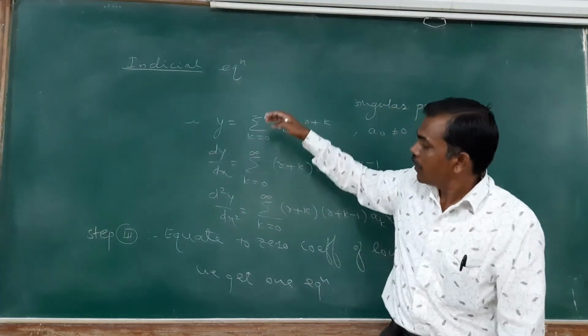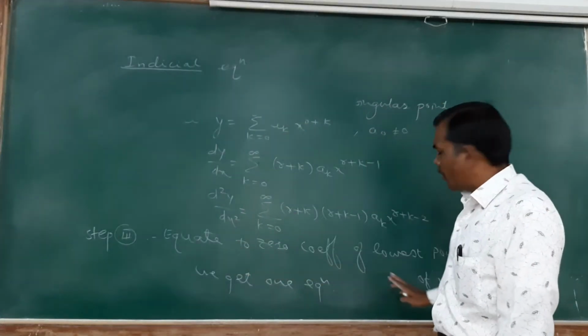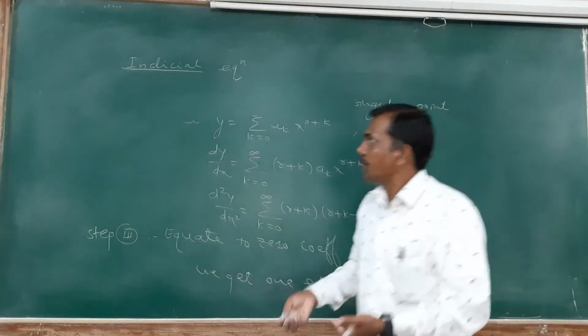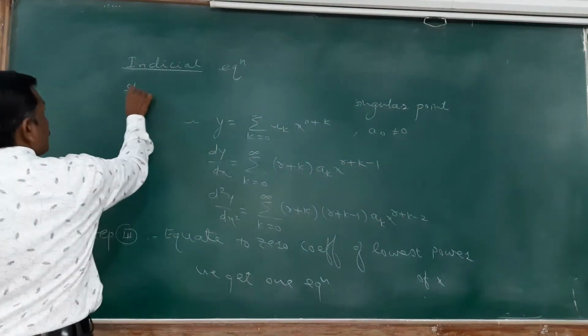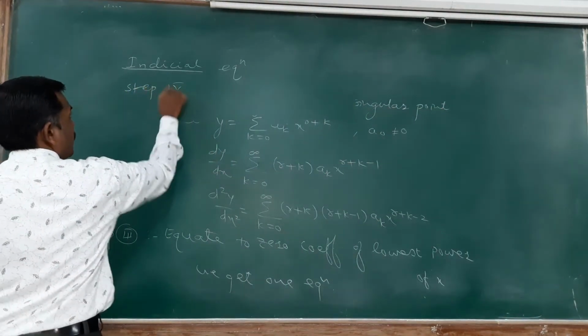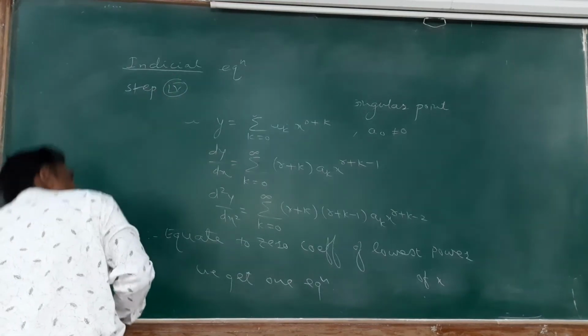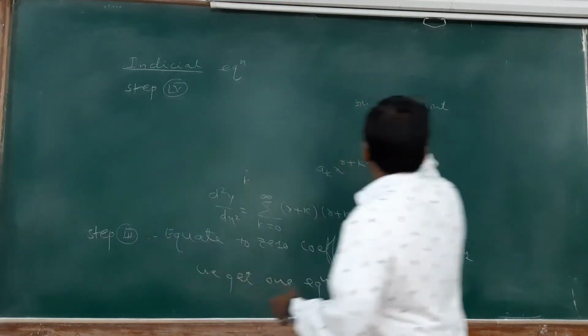Now, whenever we equate the lowest power of x, in the next step, step 4, this step 3 is very, very important, no doubt, but step 4 is also required for us.